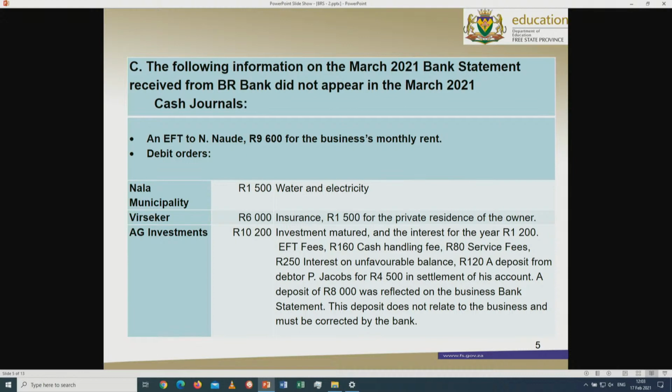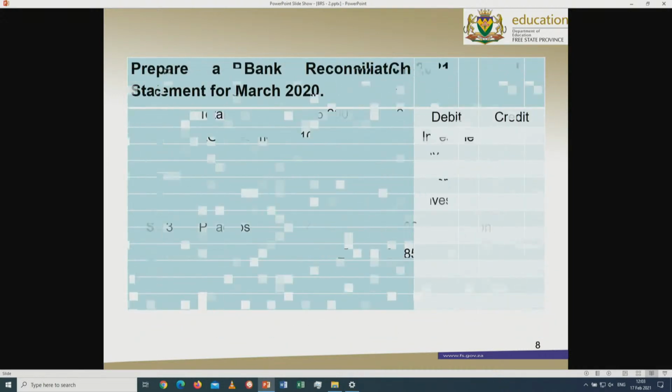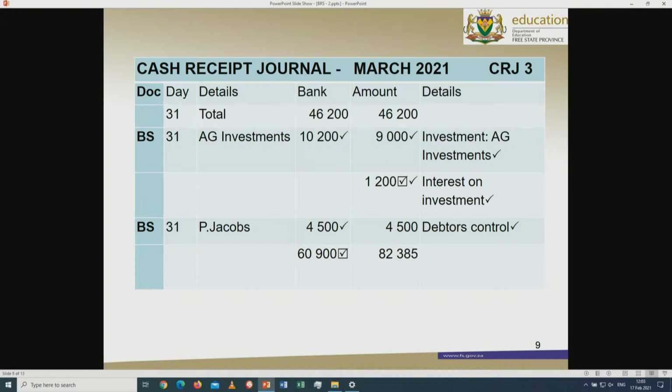So it means 10,200 is for two accounts, which is the fixed deposit, the AG investments, as well as 1,200 for interest on investment or interest income. P. Jacobs, he deposited the money directly into our bank account, settling his account. So we are receiving the money.